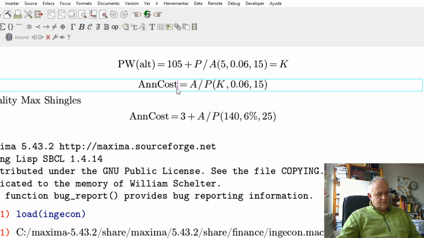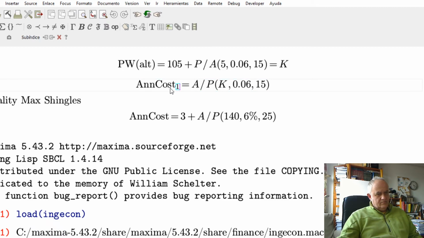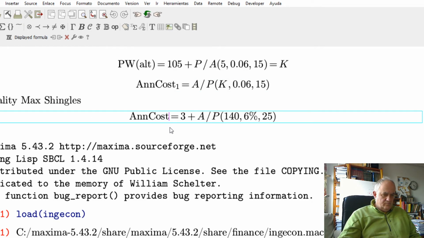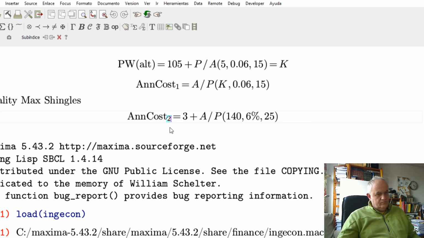Okay, this is annual cost 1. We can add here, okay, this is annual cost 2. Notice that I have obtained it now in one single step. 3 is the annuity equivalent. Okay, this is the annuity, this term, and this is the annuity equivalent to 140, that is the initial installation cost.